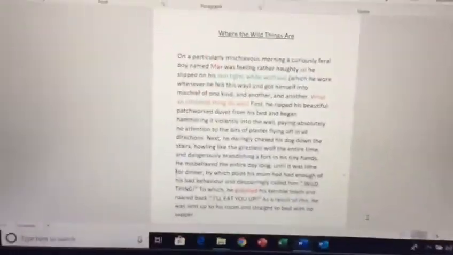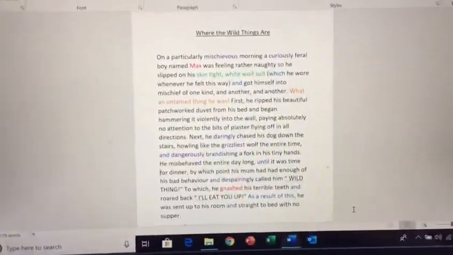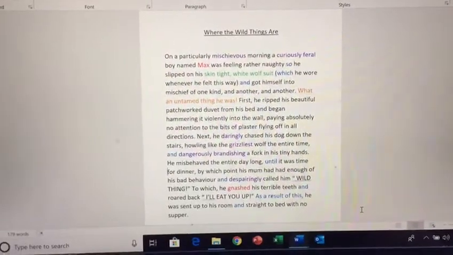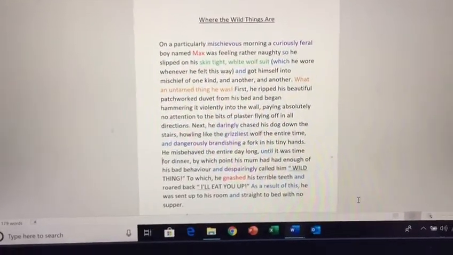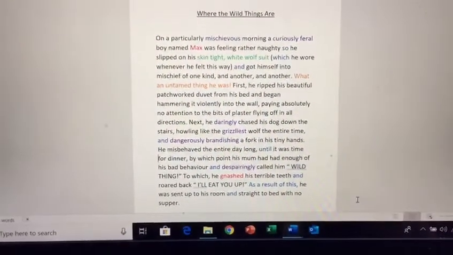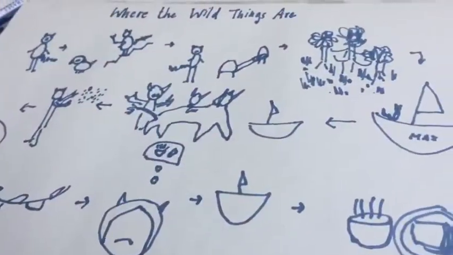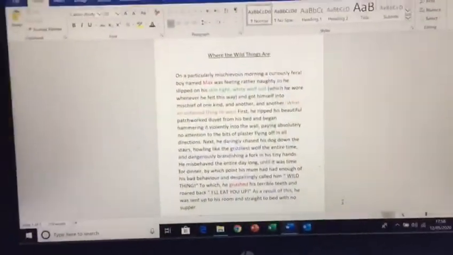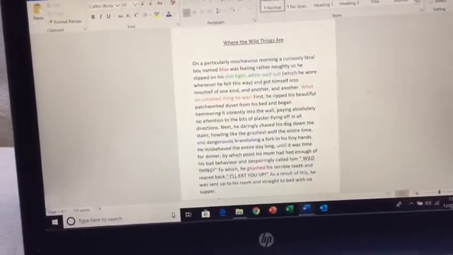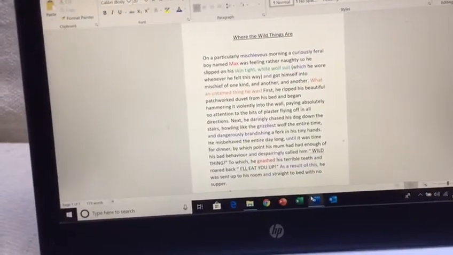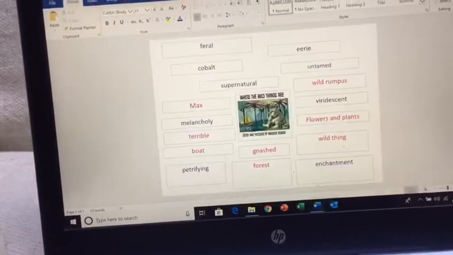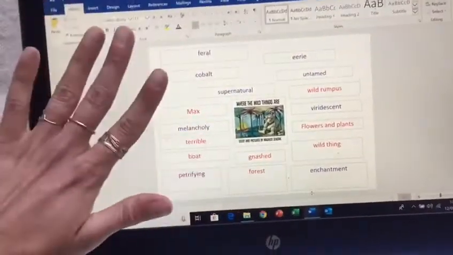So you really need to do what I've done, and you need to show off all that you've learnt over these past 2 weeks. You need to show me your understanding of the text. You need to show me how you can structure the story. And most importantly for today's work, I want to see lots of that wonderful adventurous vocabulary being used. So I want you to use your plan.